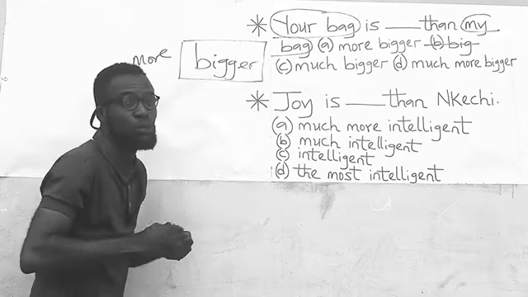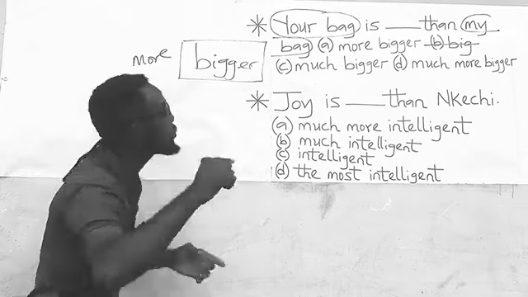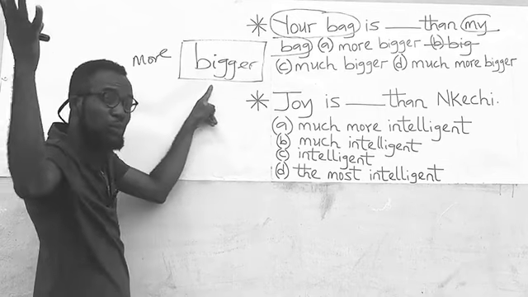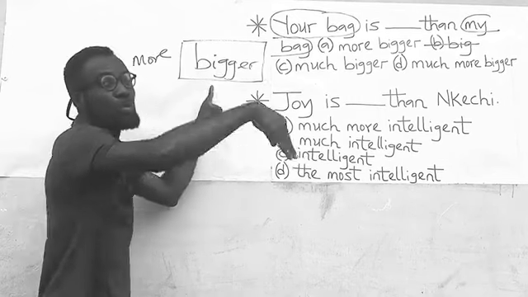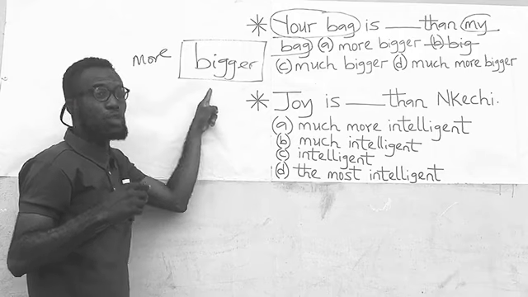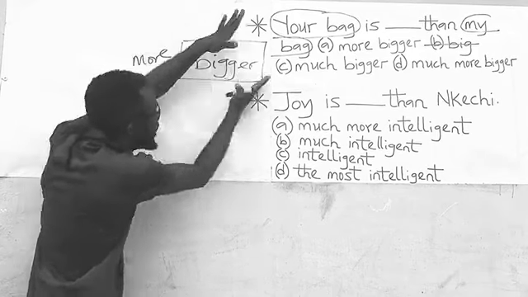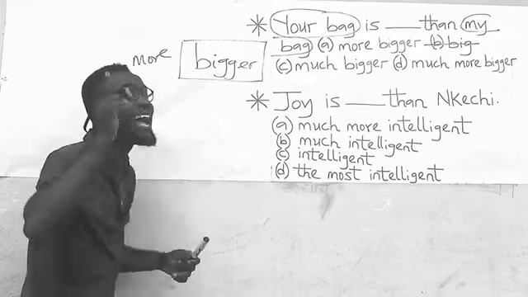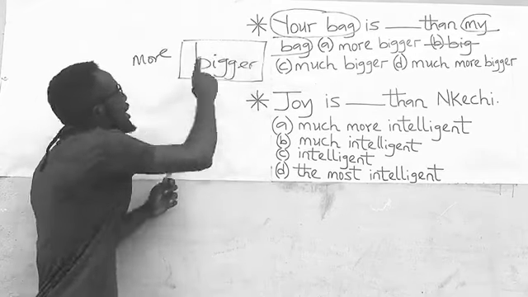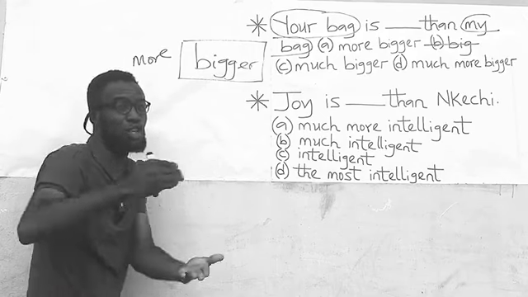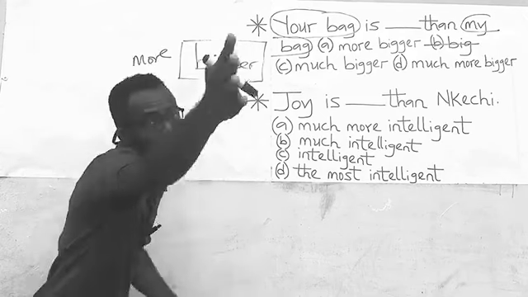That was why I said, to be on the safe side, first of all, write out the comparative adjective before thinking of preceding and not preceding. So we cannot precede this comparative adjective by more. So there is nothing as more bigger. It is either we are using this comparative adjective the way it is, that is, your bag is bigger than my bag.